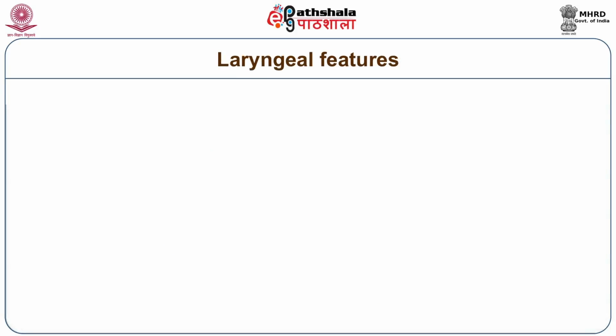Laryngeal features are features which have to deal with the larynx, the position of the vocal folds in the larynx. As we know, there are many different types of sounds which are produced by the larynx. The following are the most important: plus minus voice. So when the vocal cords vibrate, we have plus voice. When they do not vibrate, they are kept apart, we have minus voice sounds.